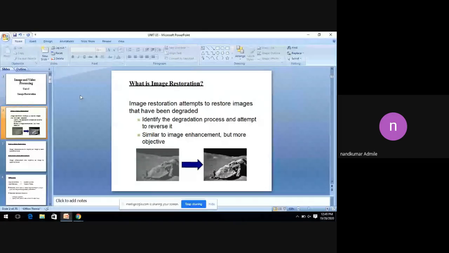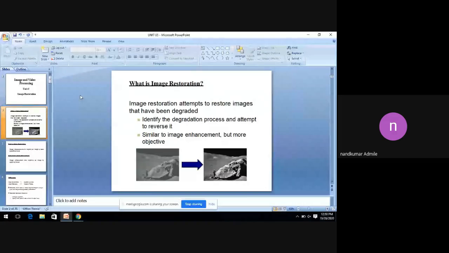In image enhancement we simply improve the quality of the input image, and in image restoration we remove only the noise which is present in the image.